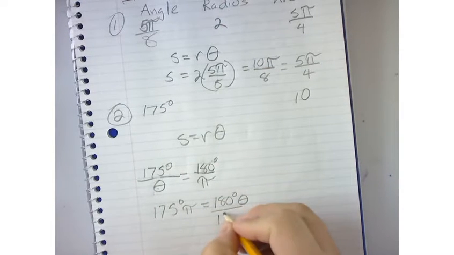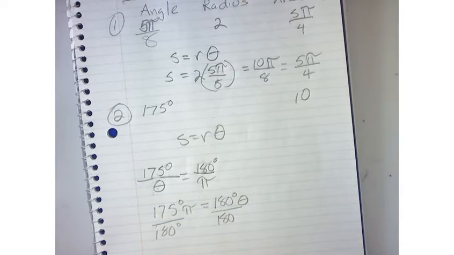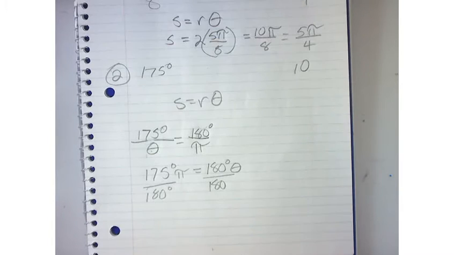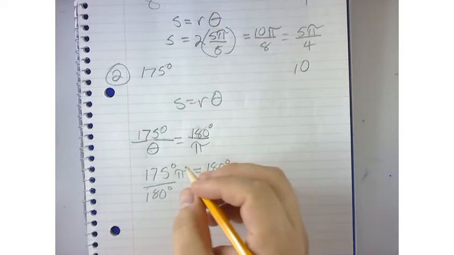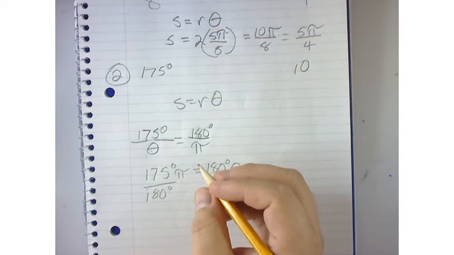Divide both sides by 180 degrees, and what is that? 175 pi divided by 180. It's like 3.05. Yeah, 3.05. That's what I got. No, let's just reduce it.